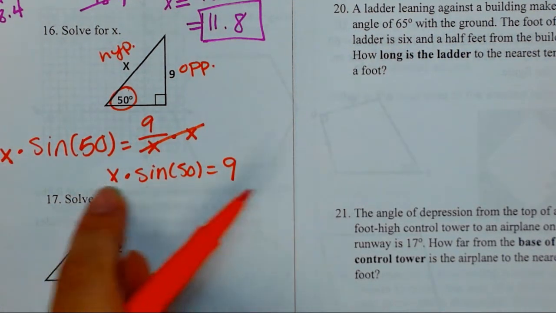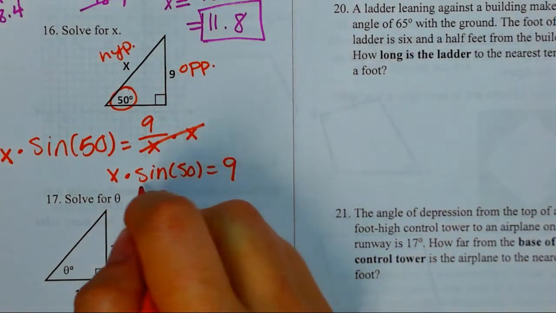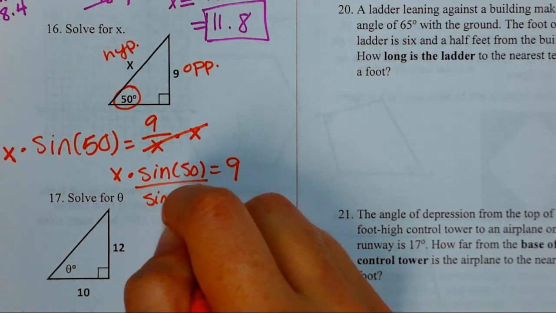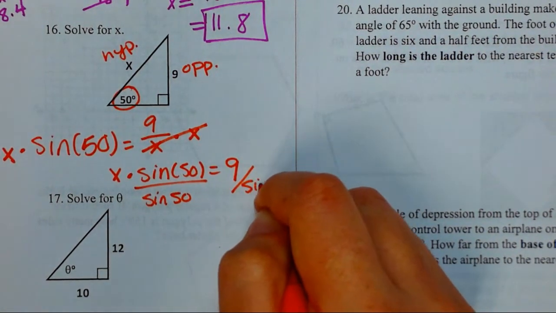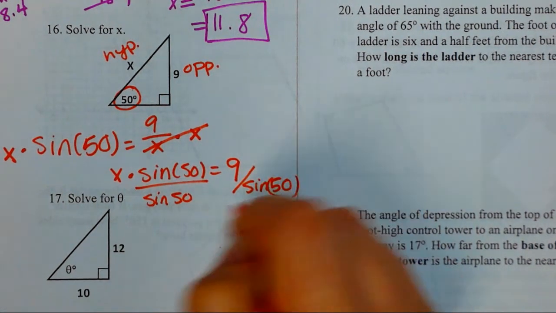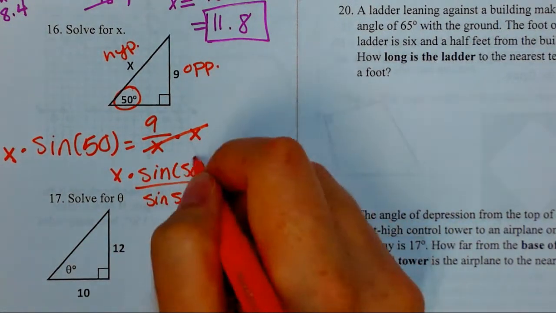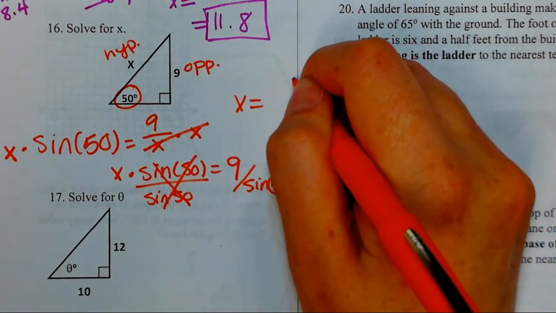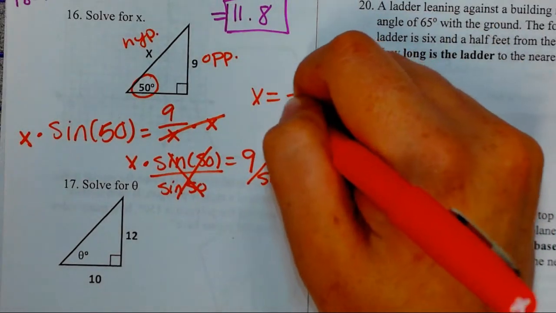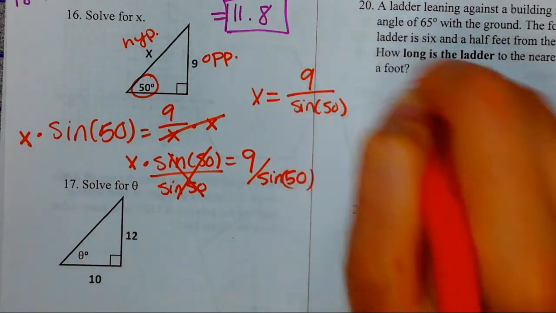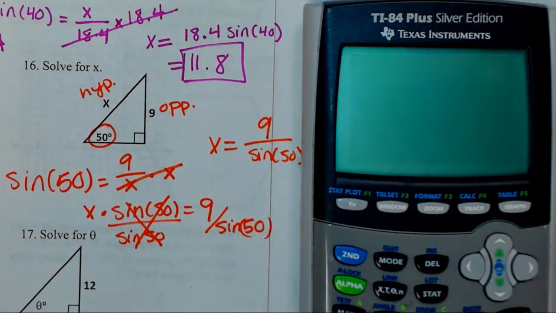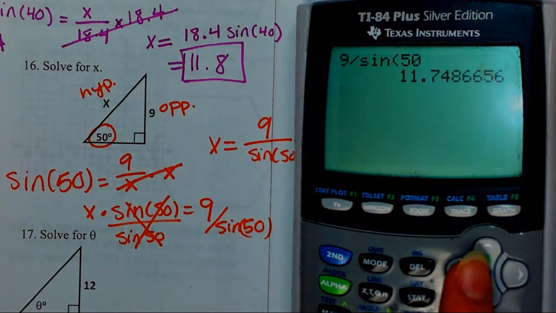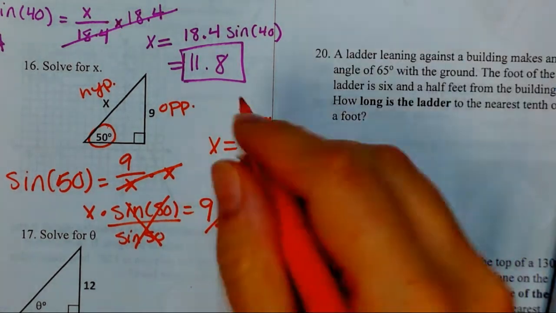And then, in order to get rid of this, you would need to divide by the sine of 50. Because now these are connected with multiplication, you can separate them with division. So those cancel, and you're left with x is equal to 9 divided by the sine of 50. Okay? And that's what you can put into your calculator. So that's about 11.75.